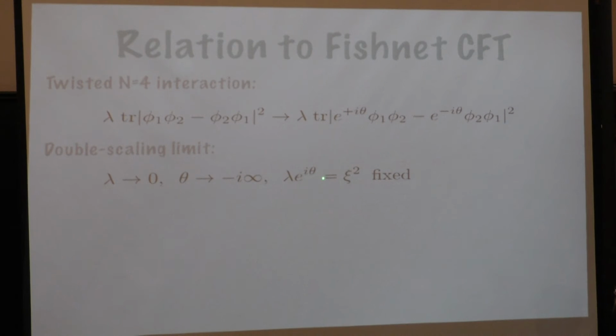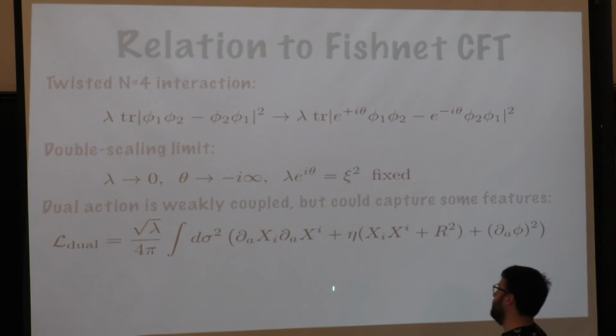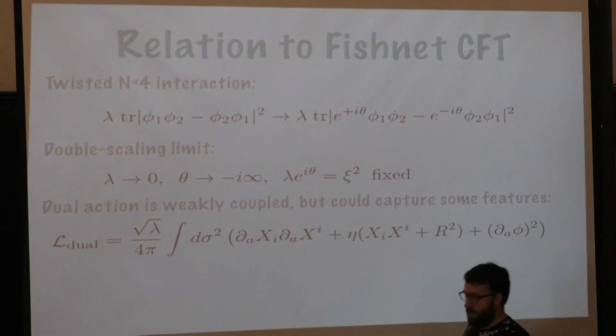Actually, there is some 1/2 missing, but who cares? We want to keep this combination finite. So this term survives, but this exponent goes to 0, and so this term is suppressed. That's how you get from n equals 4 to our simple Fishnet theory. Now we can speculate.